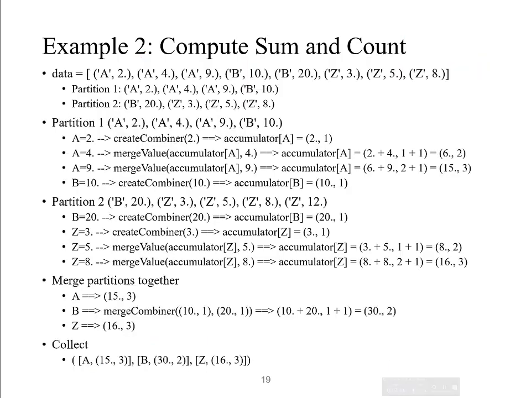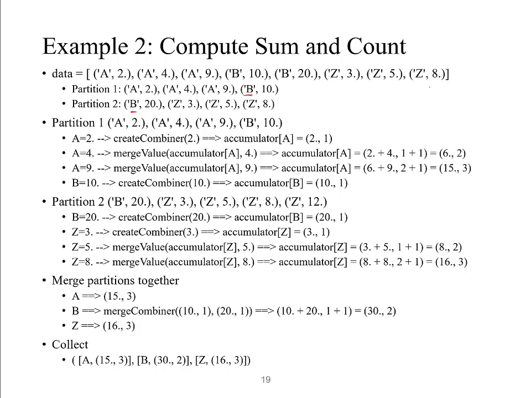Okay. Now let's use some real data to see how combineByKey actually works in Spark, right? So let's say the data is formed like this. They are partitioned into 2 partitions, where you can see B actually appears across partitions.